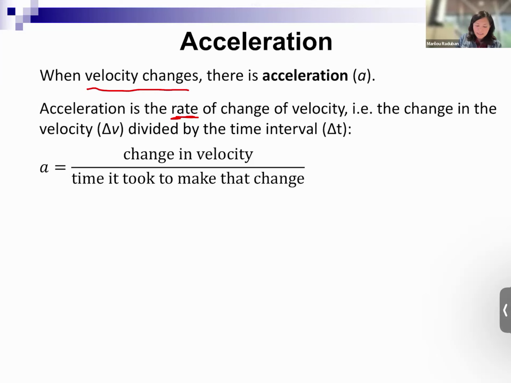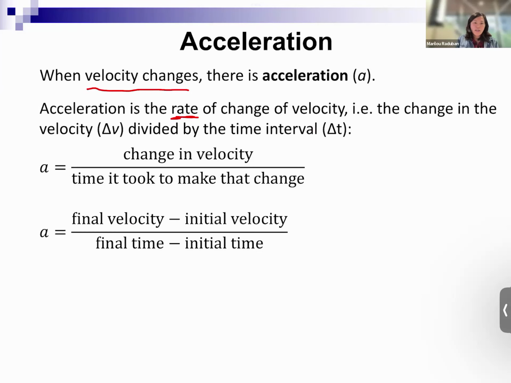So mathematically, the acceleration is the change in velocity over the time it took to make the change. Change in velocity means final velocity minus initial velocity, and of course, you have the time interval. This is the compressed equation form for acceleration.